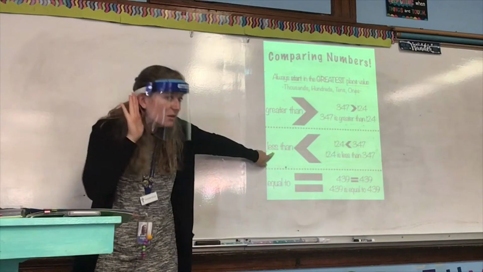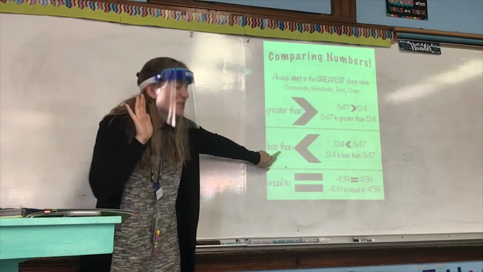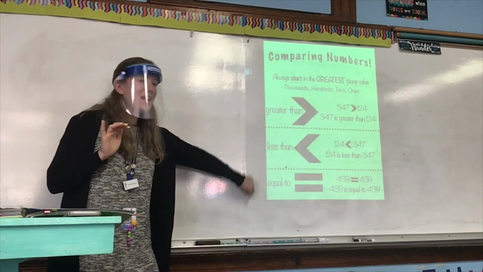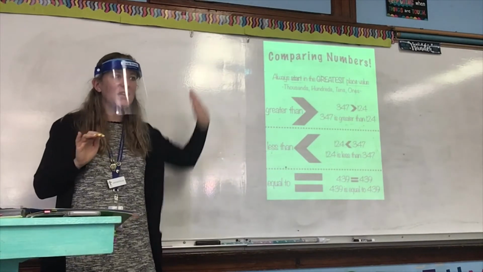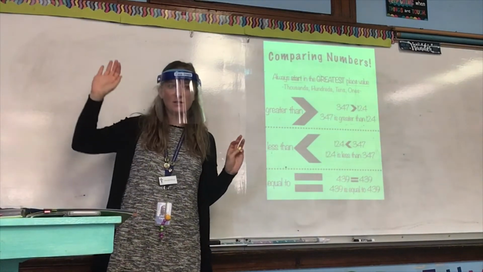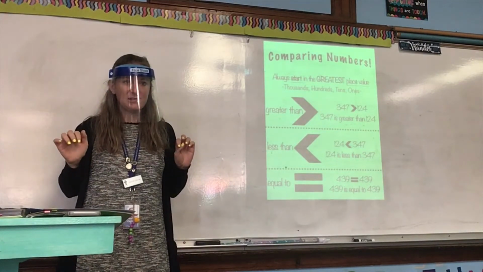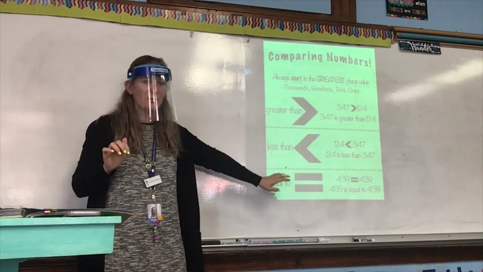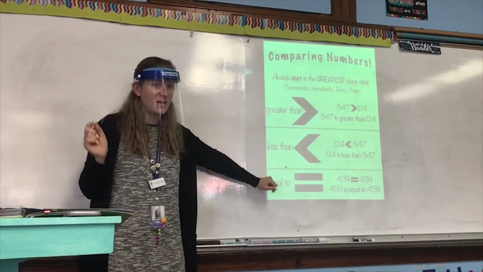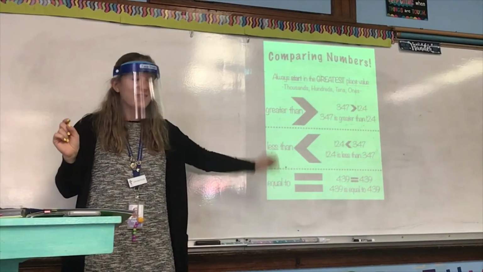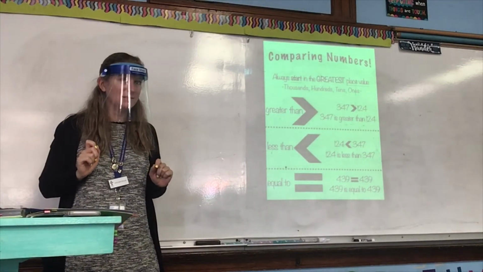Smaller. Say it again, it's smaller. Very good. Equal to means the number on the left is, Zari? Equal to the number on the right. What's another word for equal? The same. Very good.